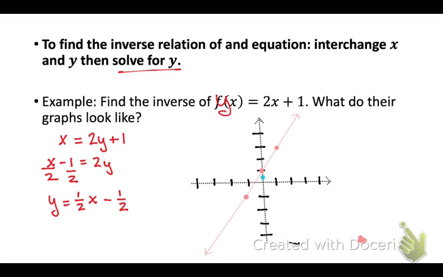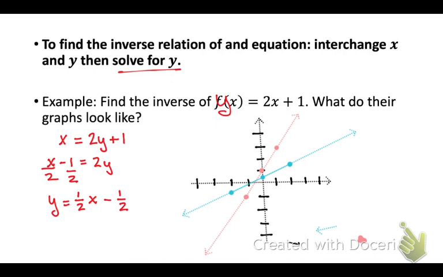Okay, so let's try this again. So up 1 and over 2. And then down 1 and over 2. Something's wrong.